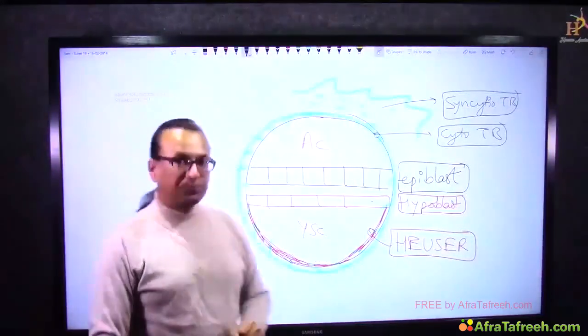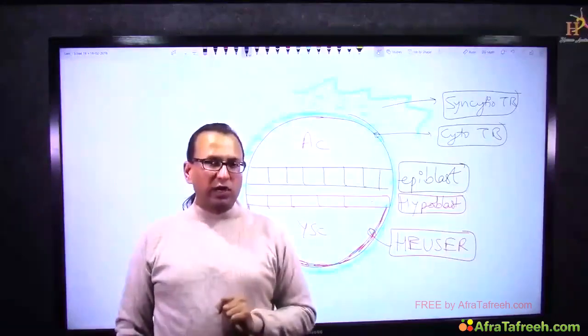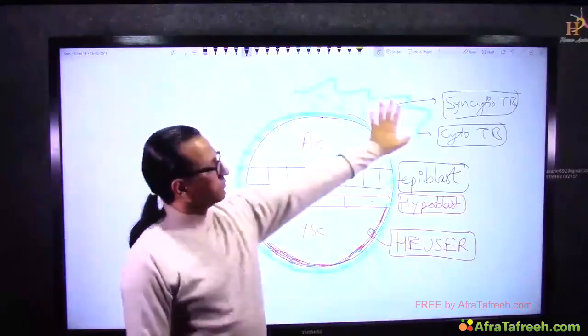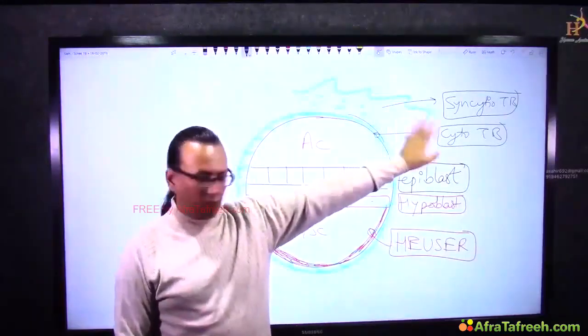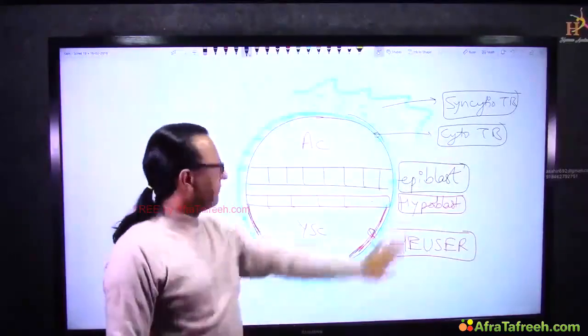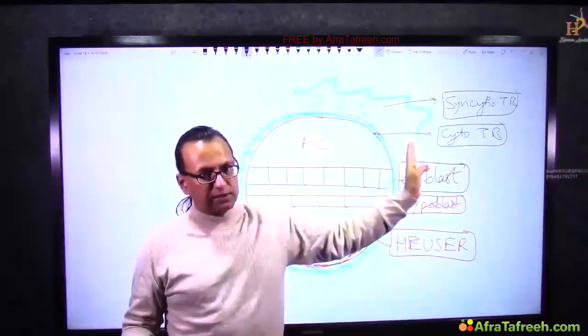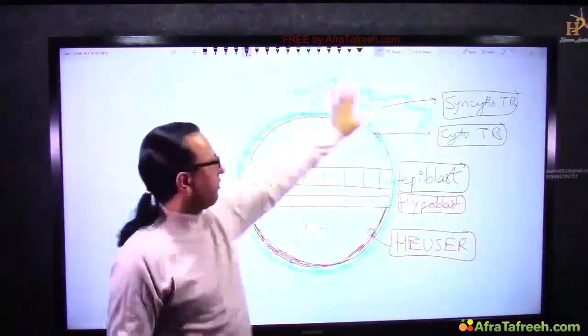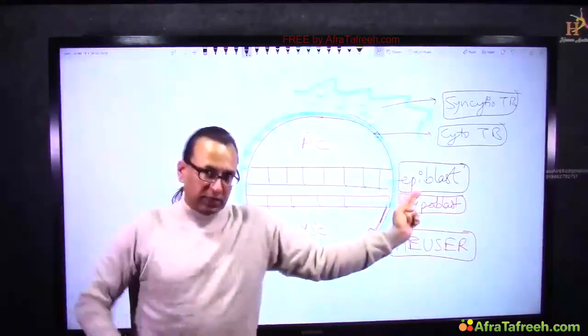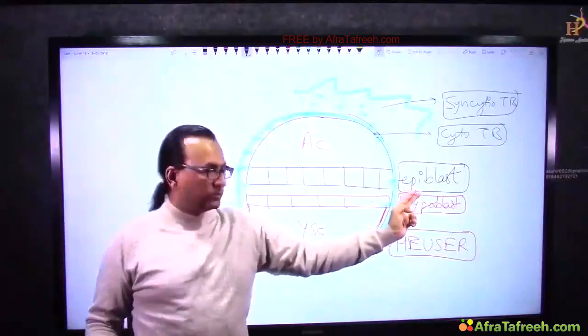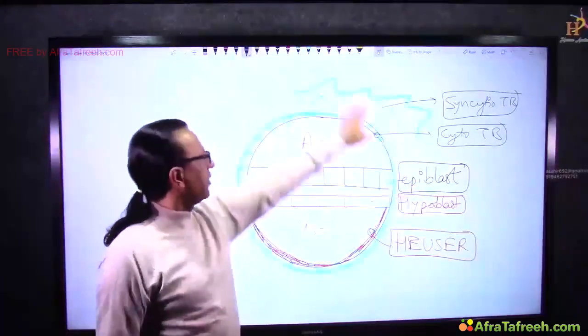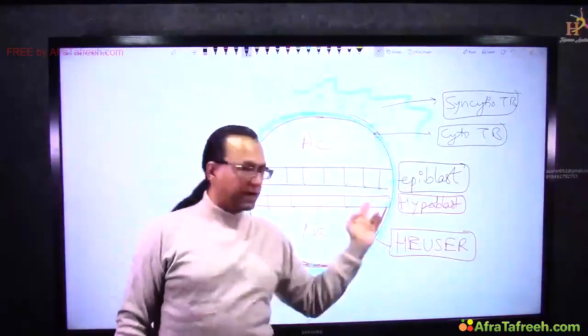Okay, now somebody told us that it is the trophoblast which is going to form the extra embryonic mesoderm, but then somebody else is telling it is formed by the epiblast. Then there is somebody else who is telling no, extra embryonic mesoderm is formed by hypoblast.